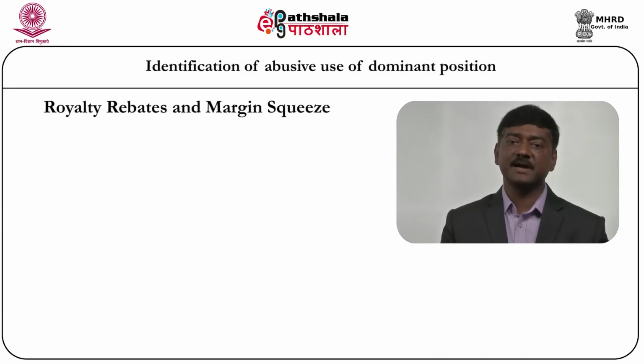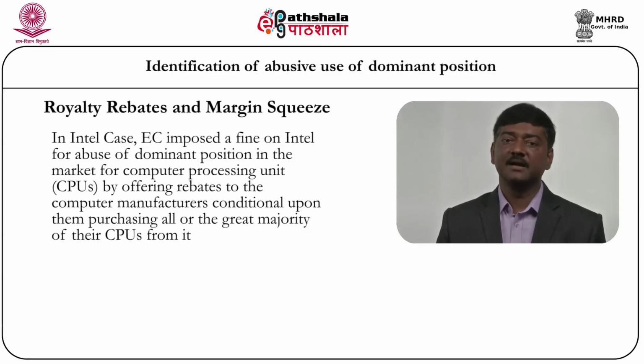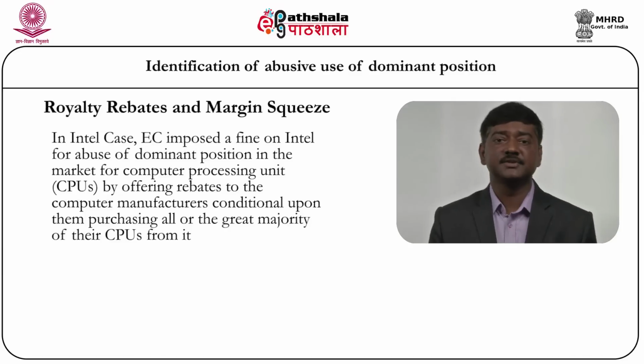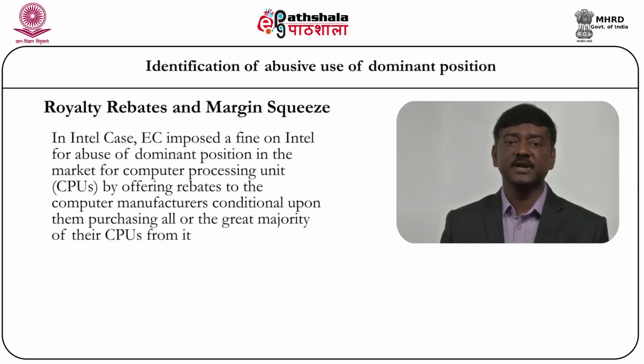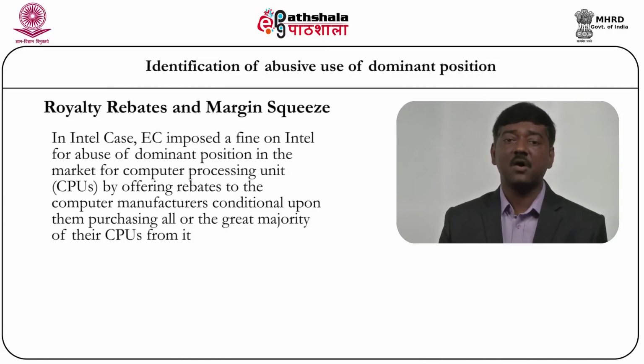So in a downstream market and upstream market this happens, and in the Intel case it was seen that the EC imposed a fine on Intel for abuse of dominant position in the market of computer processing units by offering rebates to the computer manufacturers conditional upon them purchasing all or a great majority of CPUs from it.